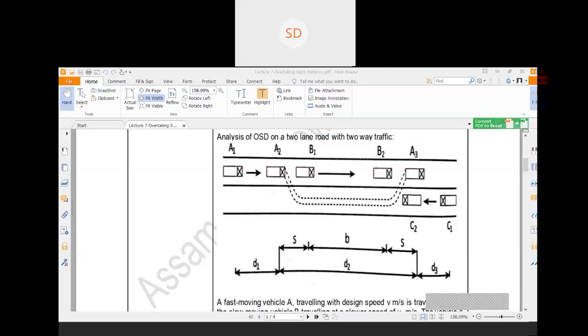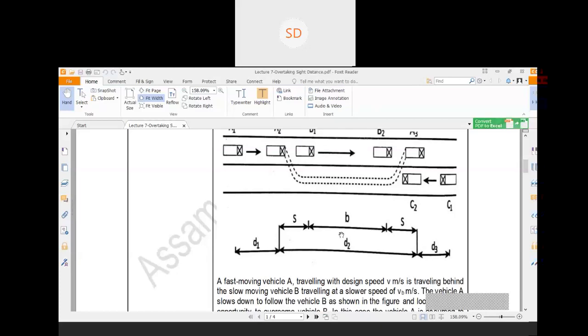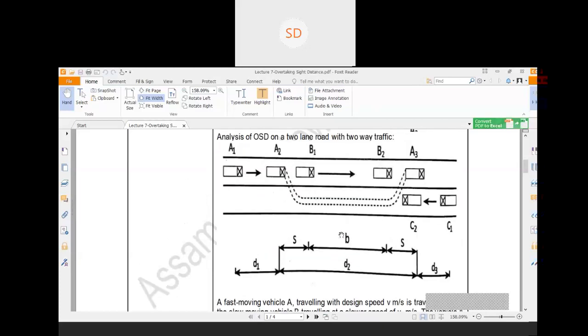If it is clear, we'll move forward with the derivation of this. Is it clear?